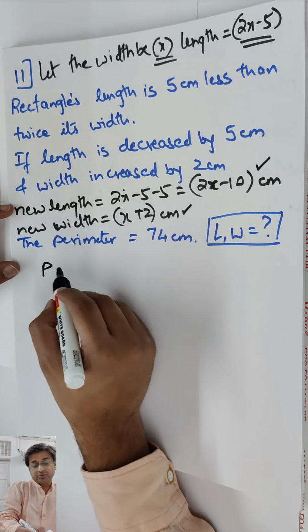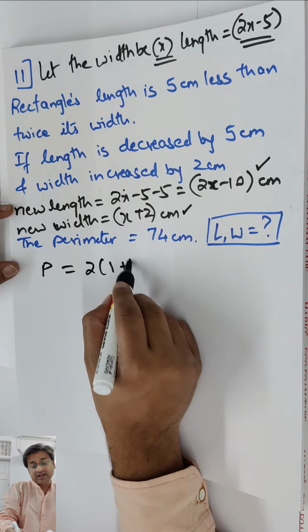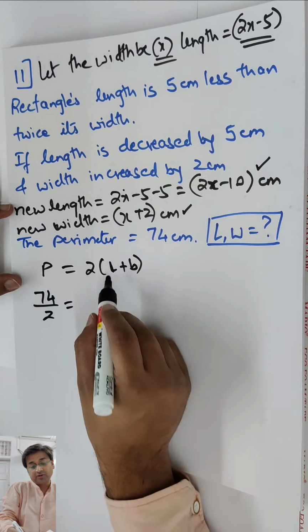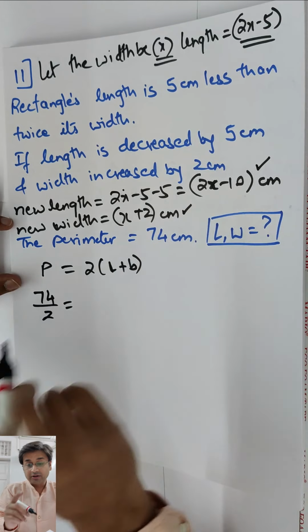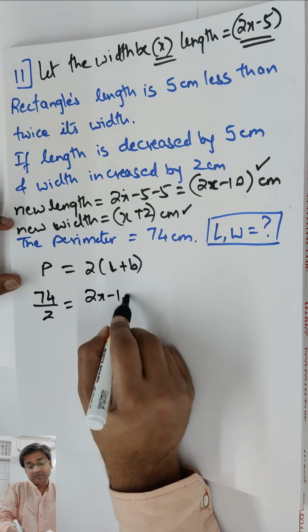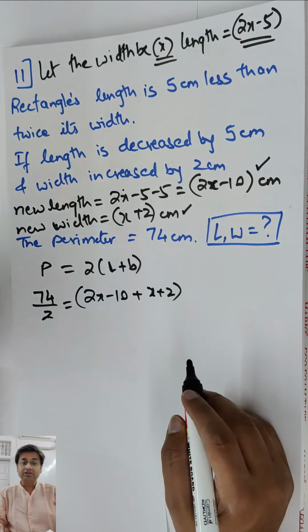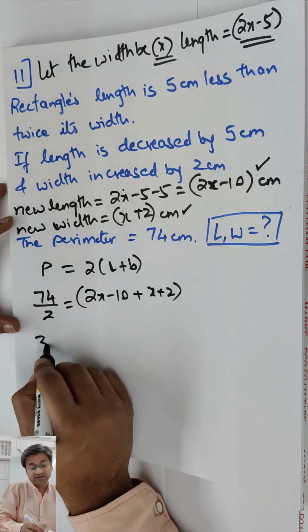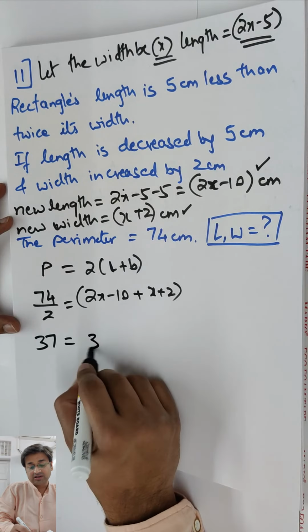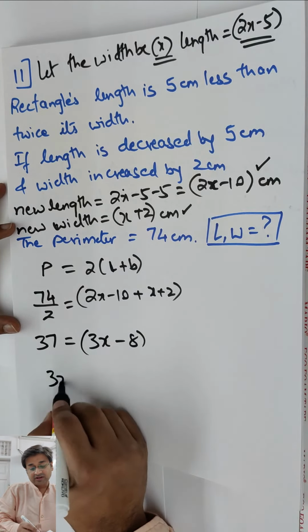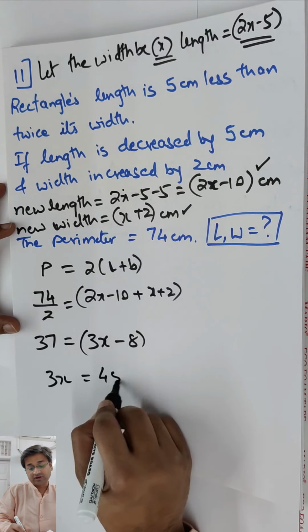Now the perimeter, so we shall say perimeter is twice length plus breadth. So perimeter is 74 divided by 2. Length, new one, don't take the old one. 2x minus 10 and breadth x plus 2. Now solve this, 100% you will get the correct answer. So 37 equals 3x minus 8. So I will get 3x, 8 goes on the other side, so 45.